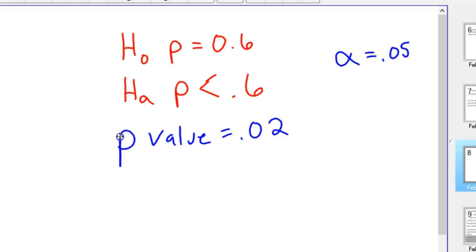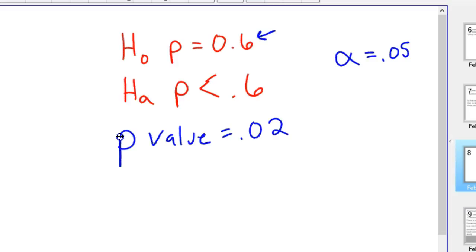But in our case, the p-value is less than the alpha level, so we would consider this a rare event, and we would reject the null hypothesis. We would reject that his free throw percentage is 60%, and conclude that there is reason to believe that he could have a free throw percentage that is less than 60%.